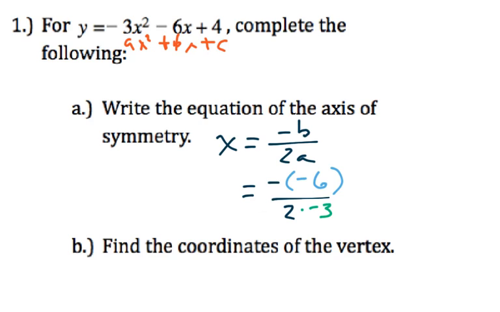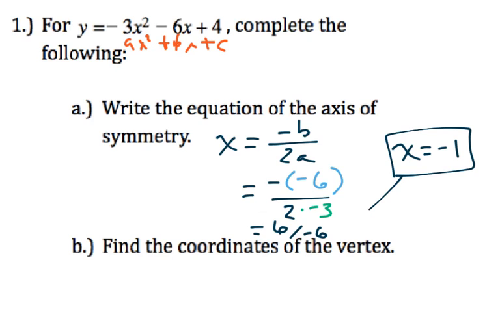I didn't bother writing that in parentheses. Working down, maybe I run out of room. I'm going to have a positive 6 over a negative 6, and then lastly I'll simplify that to x is negative 1. Now if this is done on paper, keep that all vertical.